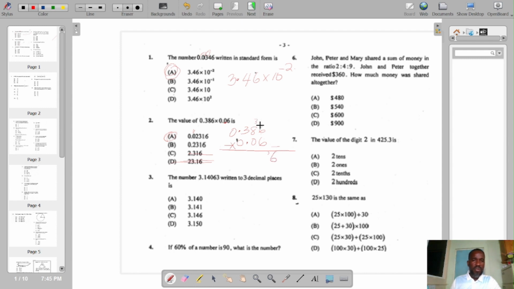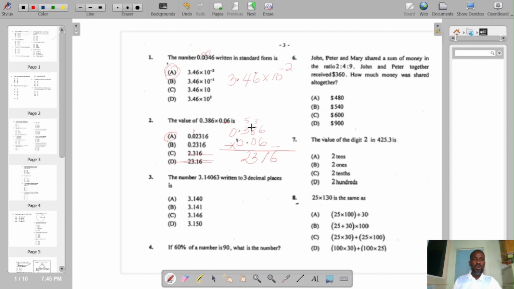So we have our 3 here. 6 times 8 will give us 48 plus 3 will give us 51. Put down the 1, and carry the 5. Then we have 6 times 3 will give us 18. 18 plus 5 will give us 23.